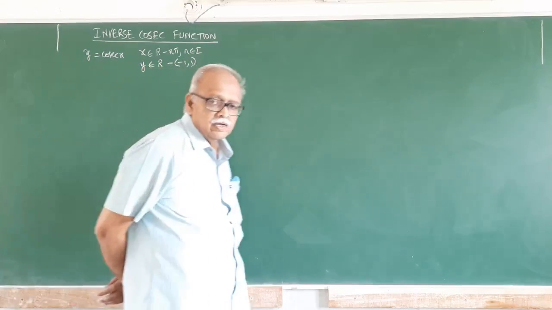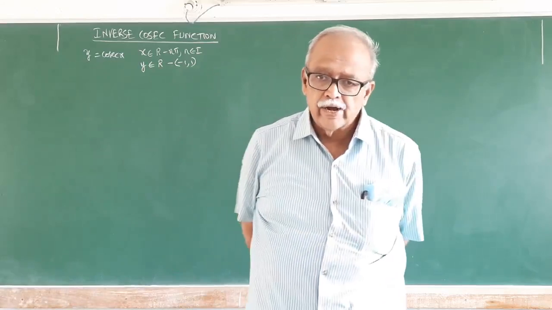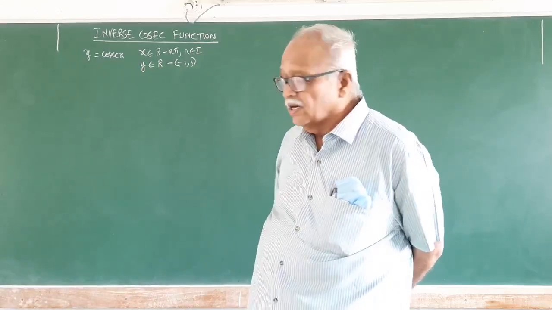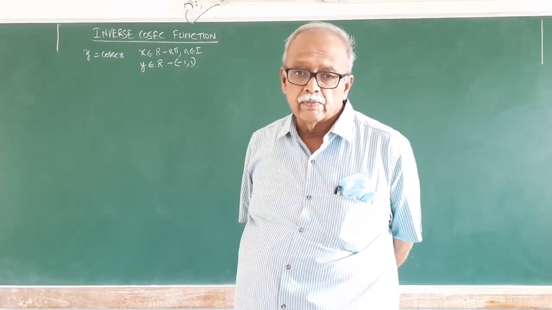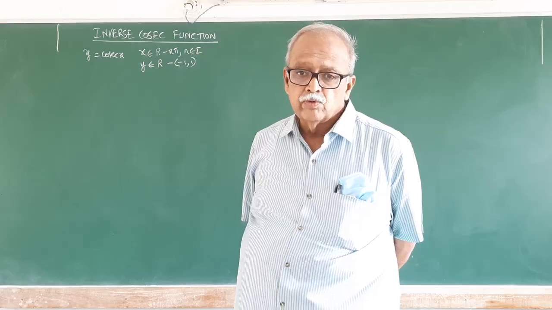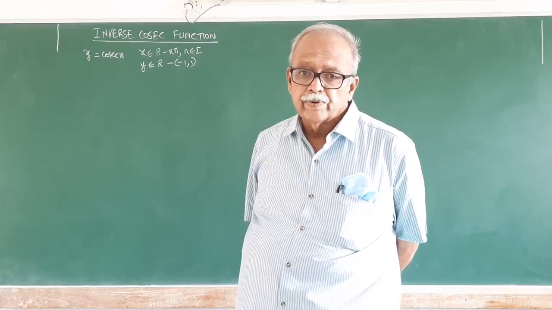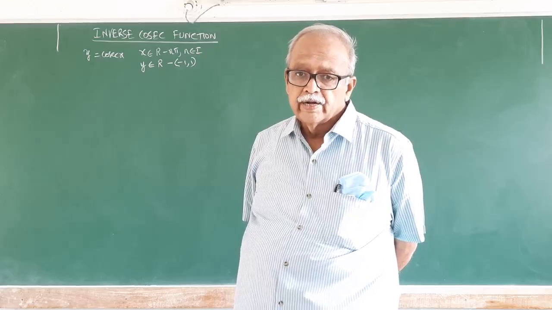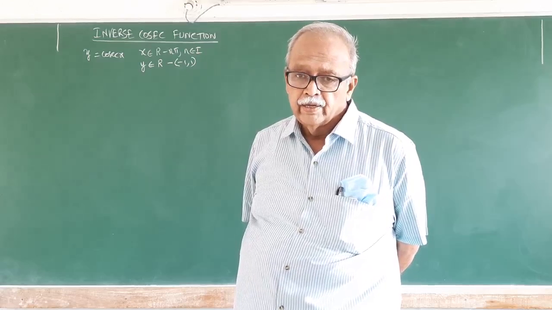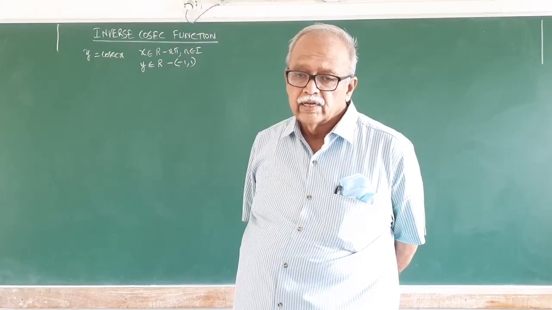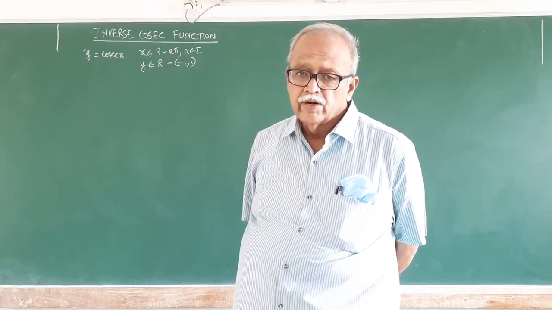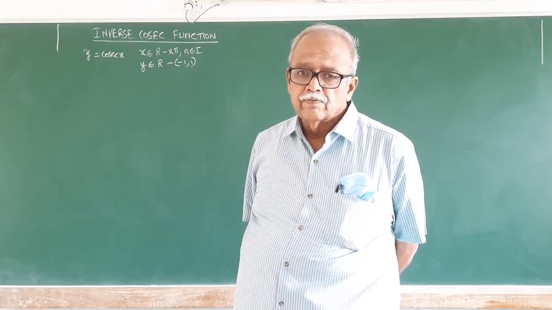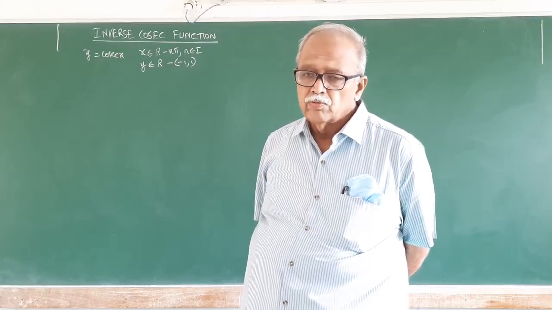So this is the range and the domain. Why R minus n pi? We have to remove all integral multiples of pi. At integral multiples of pi, cosecant x is infinity. Therefore, it is not in the set of numbers, so we have to remove it.